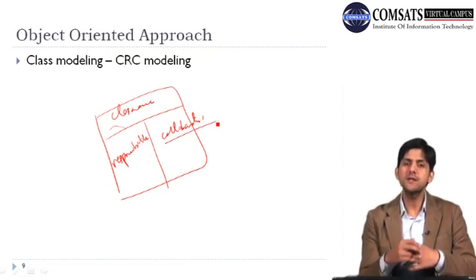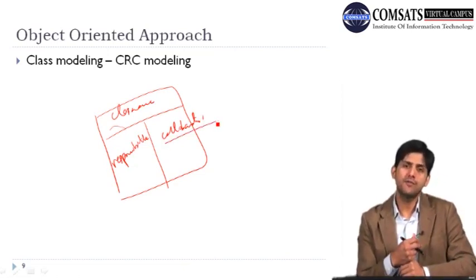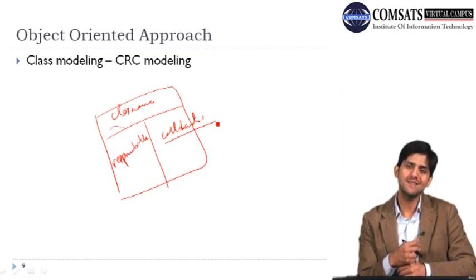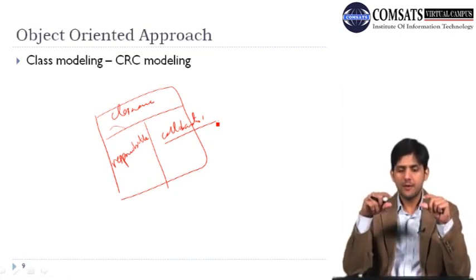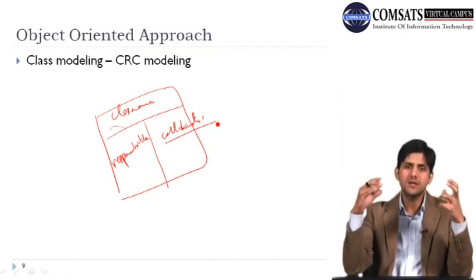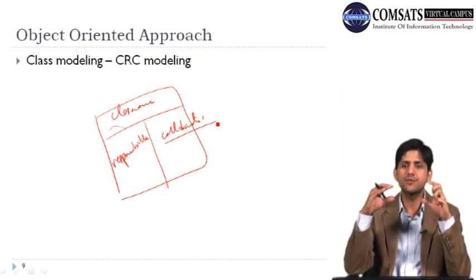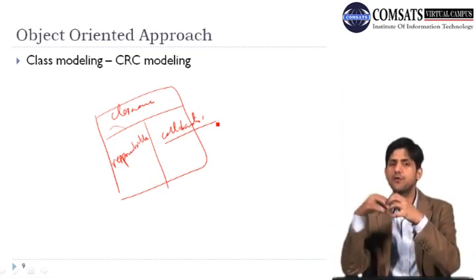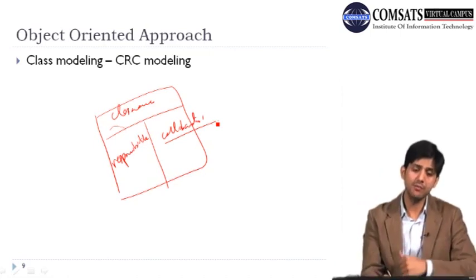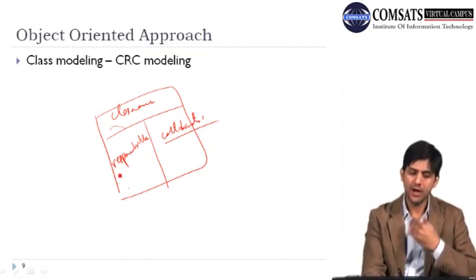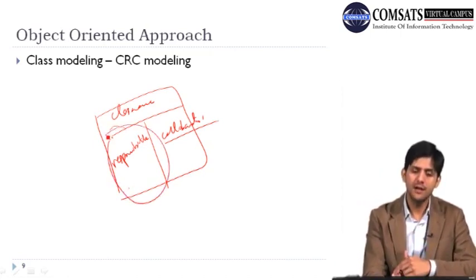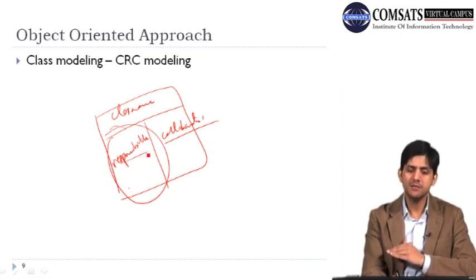And this is a very interesting and very systematic way of knowing about the behavior of the system, because it gives us the basic associations, or it tells us whether this class is going to need another class to perform a certain responsibility. So it's very simple. By now we know the responsibilities of a class, and we look at these responsibilities.